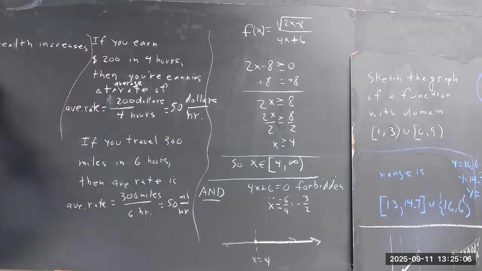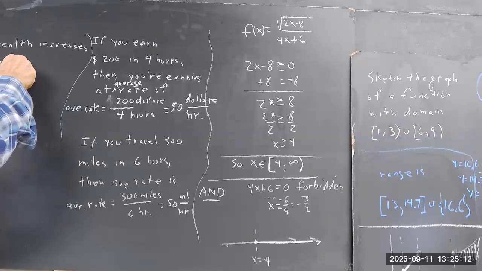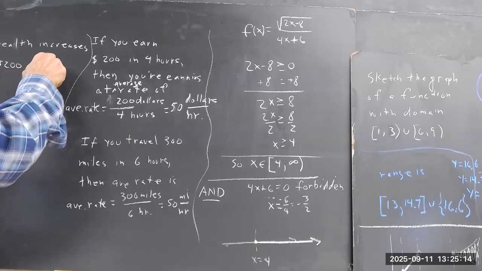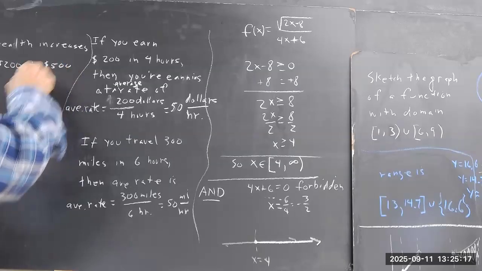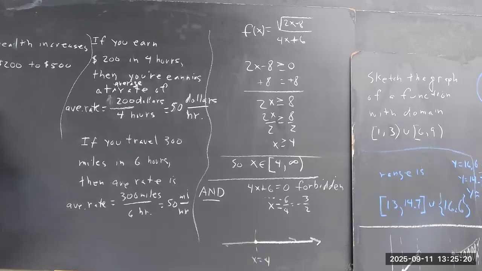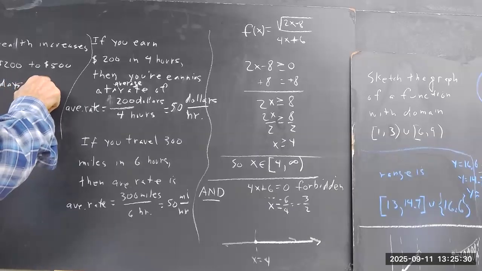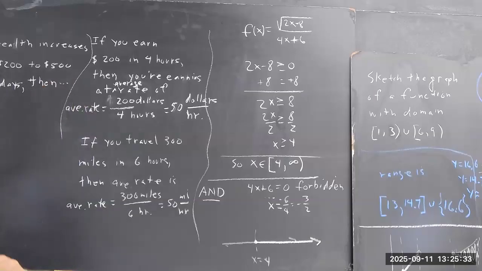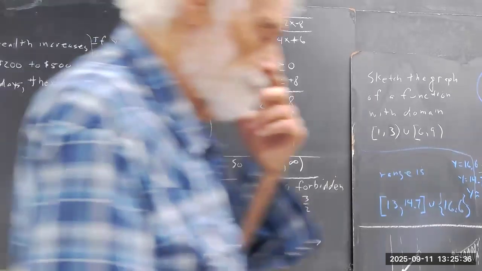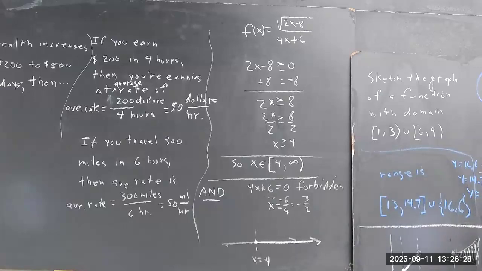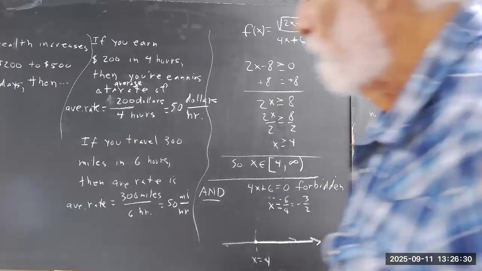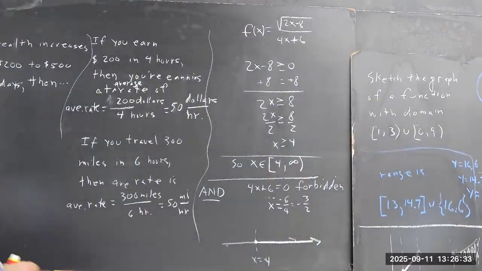If my wealth increases from, we use these numbers, $200 to $500 in 4 days, then we'll discuss this briefly. Okay, well, this causes a little bit of confusion.